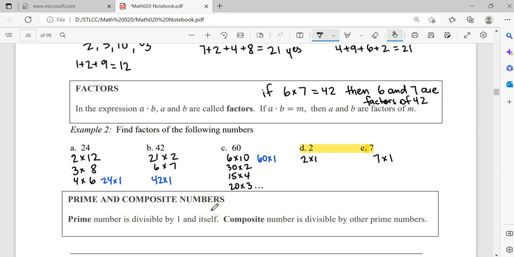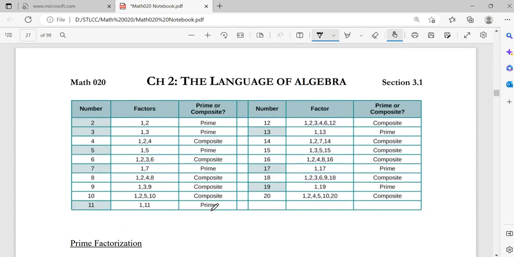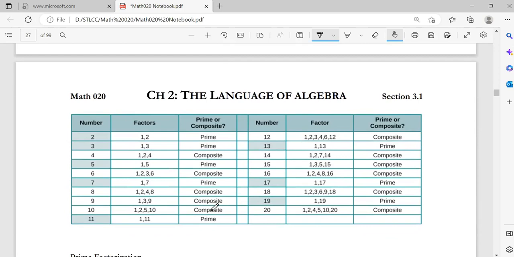The smallest prime number is 2 because 1 cannot be represented, since 1 is already itself, so we cannot use it multiplied by 1. All right, so here's our reference table for prime and composite numbers. So again, the smallest prime number is 2 because it has factors 1 and the number itself.